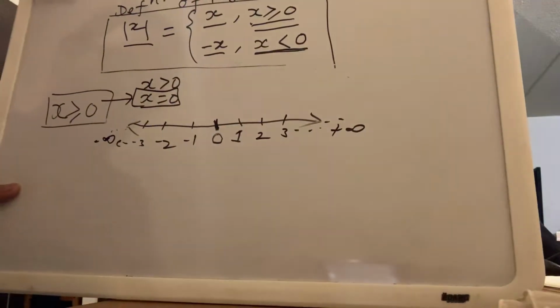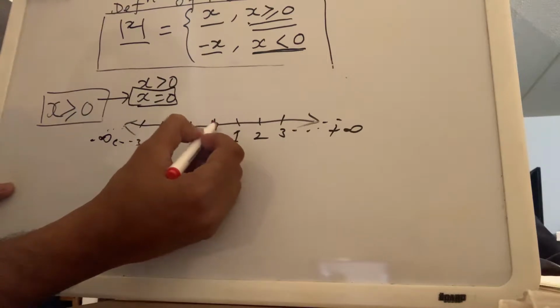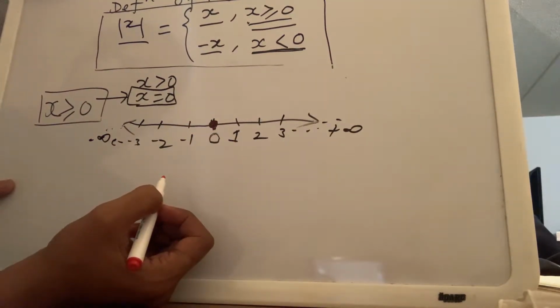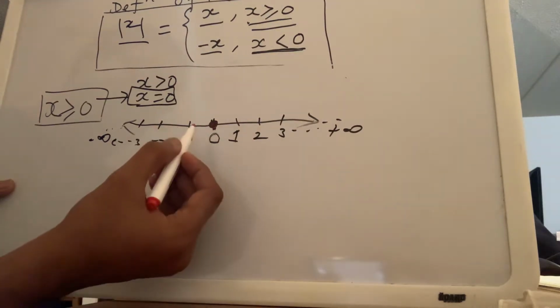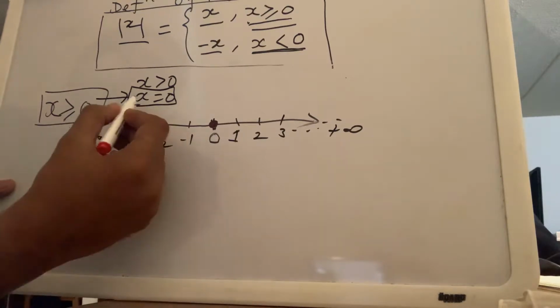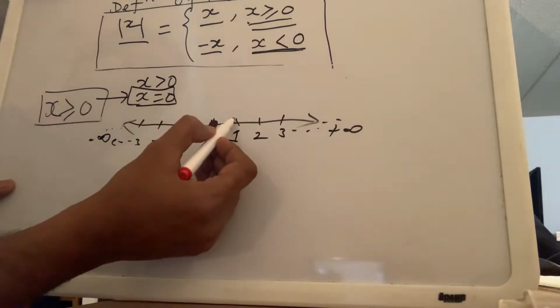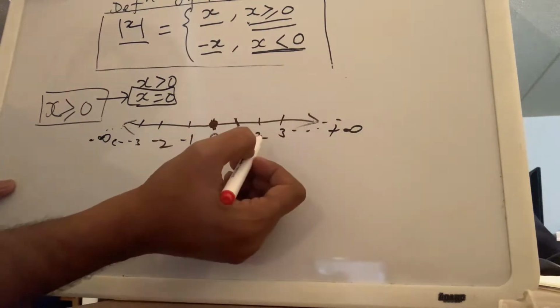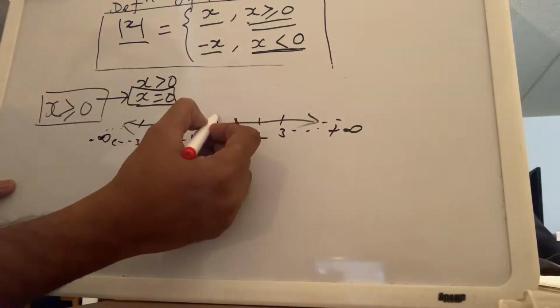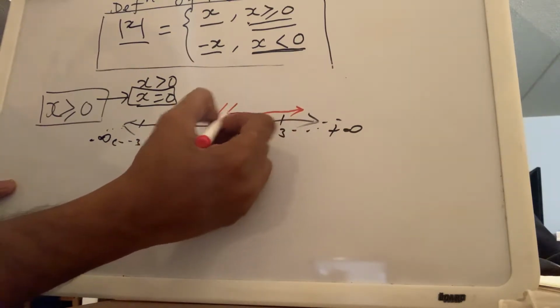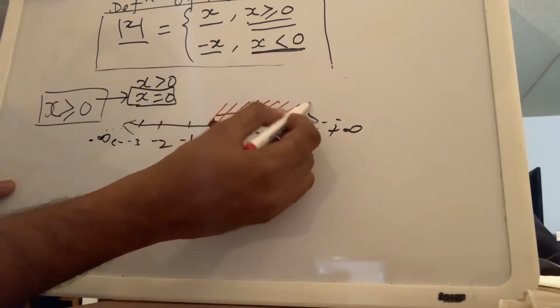So we put a darker dot here, in order to recognize that this is included. And greater than 0 means everything which comes on this side of the number system. So we basically do like this, or you can shade it like this also.